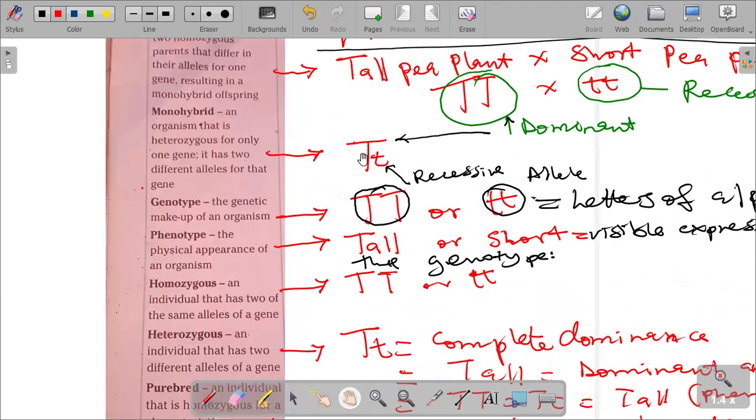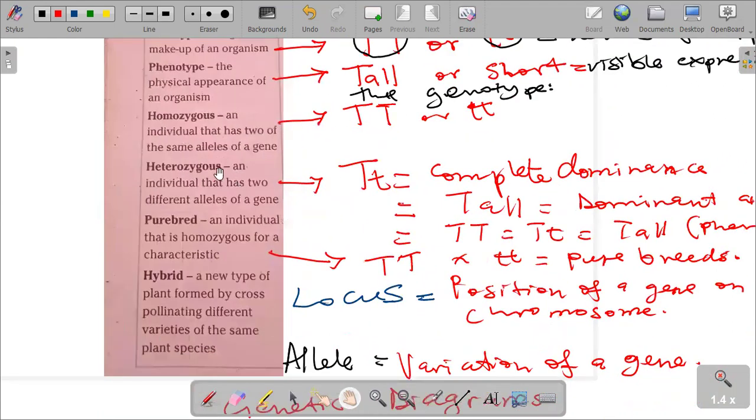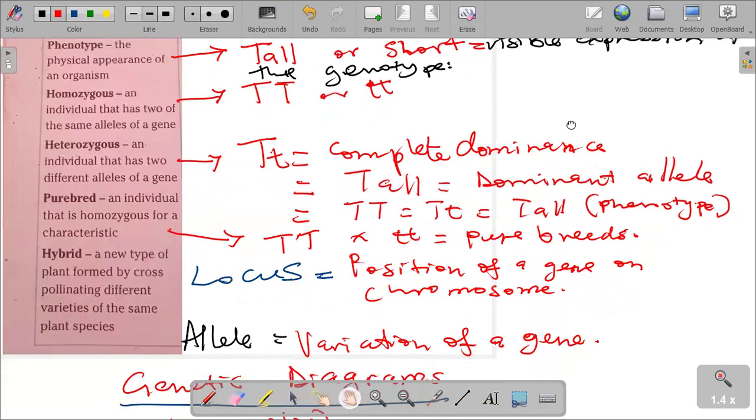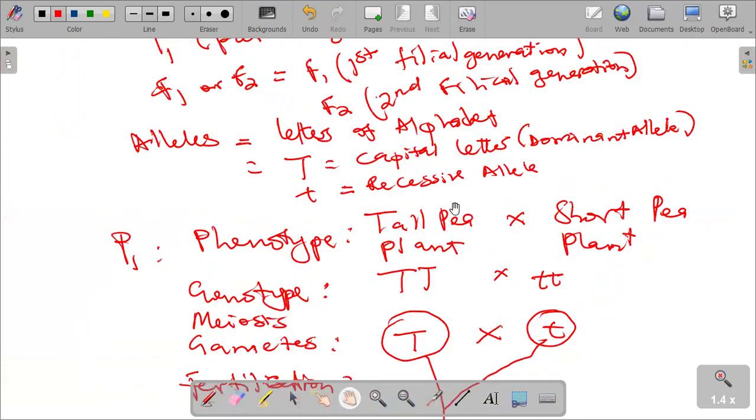In this case, this is a heterozygous combination, and heterozygous is complete dominance, which is equal to tall. The dominant allele is equal to tall, which is homozygous T. Dominant is equal to heterozygous T, which is equal to tall, the phenotype. That's what is happening there.